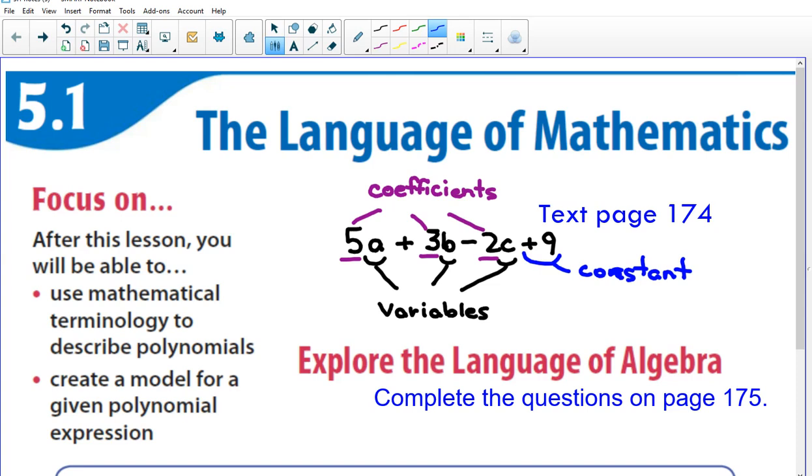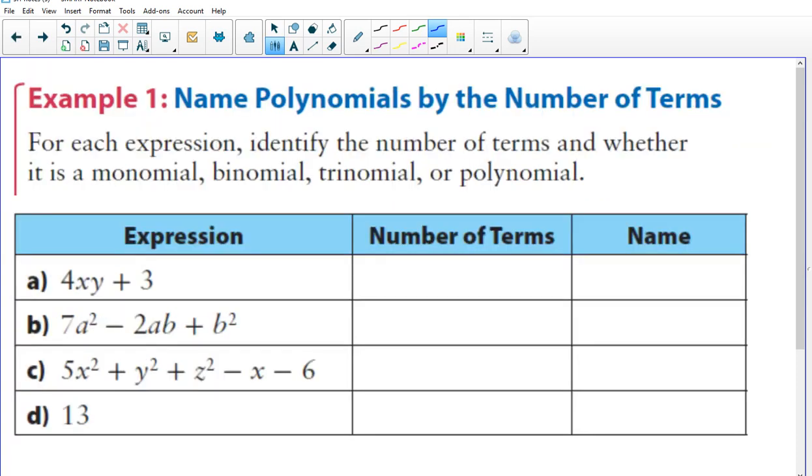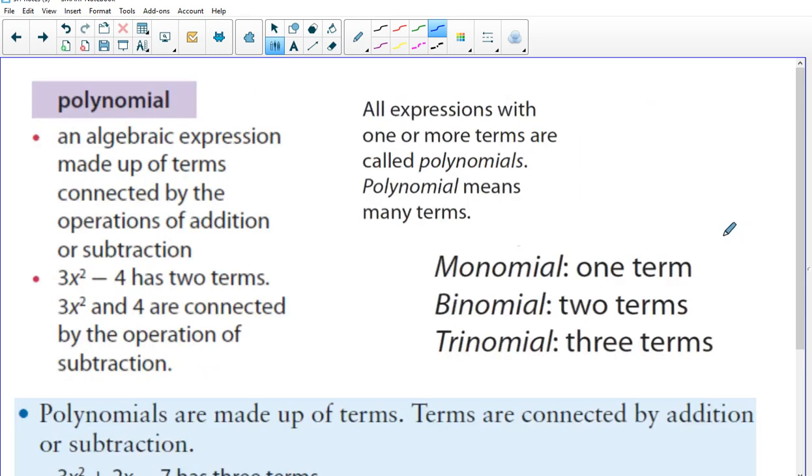Okay, next, let's take a look at the names for polynomials, and we will classify these based on the number of terms that are in the polynomial. So let's just review what a polynomial is and what these names are.